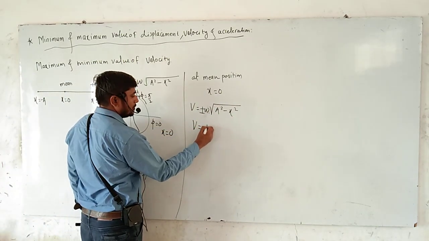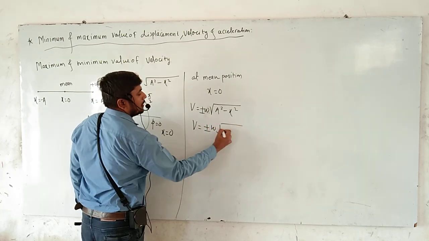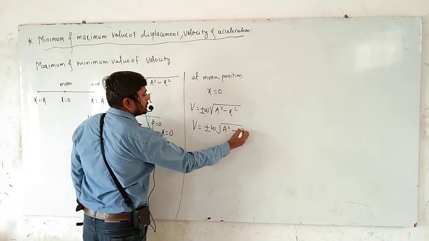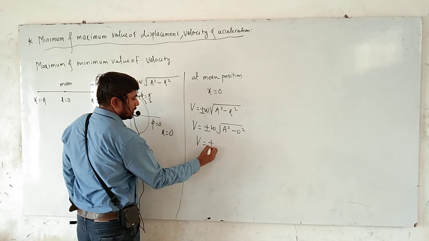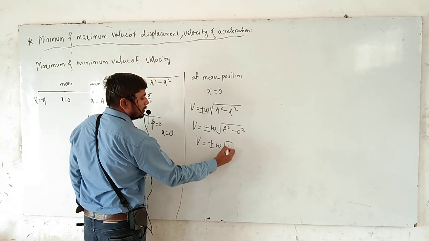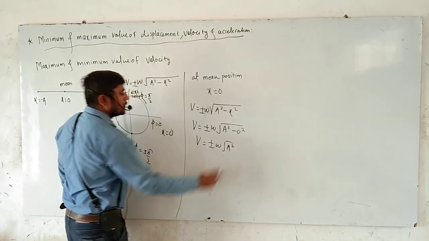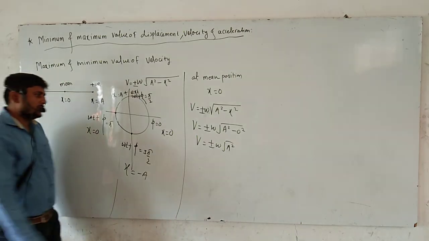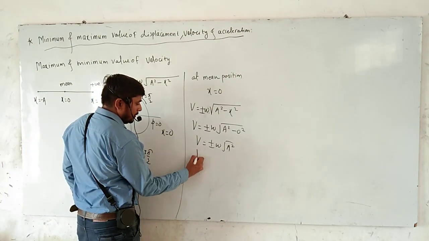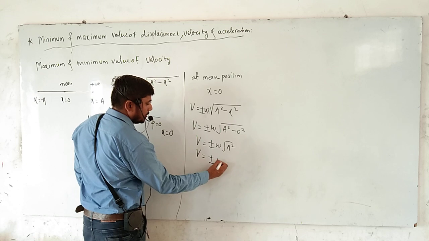So v will be equal to plus minus omega square root of a square minus 0 square, right? So what will remain over here? A square. Square and square root will get cancelled. So that's the reason why v will be equal to plus minus omega a.